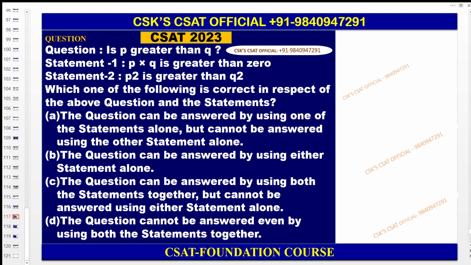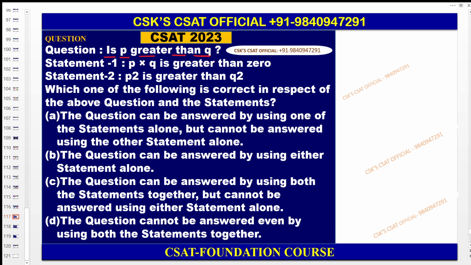Whether the question can be answered or not, that only you should keep in your mind while solving these things. Is P greater than Q? Even if it is not greater, that is also okay, the question is answered, that only you have to check here. You don't have to check whether the question is correct or not. Everyone understood the difference between these two? The question can be answered or not, that only you have to check. That is a very important thing.